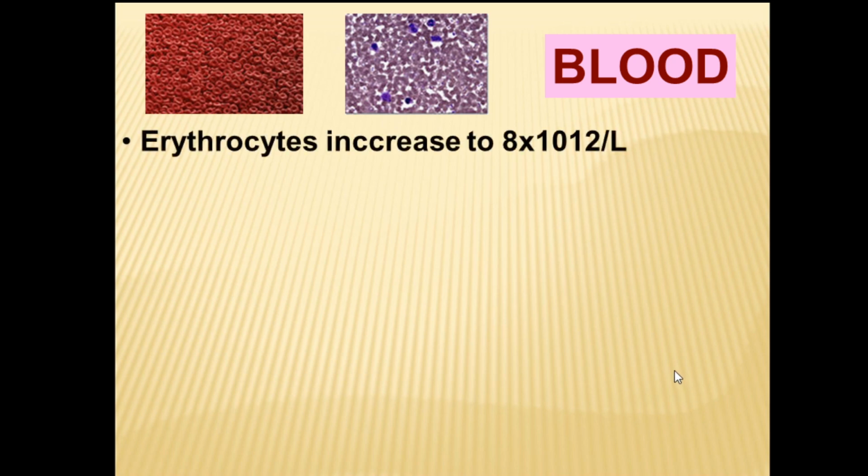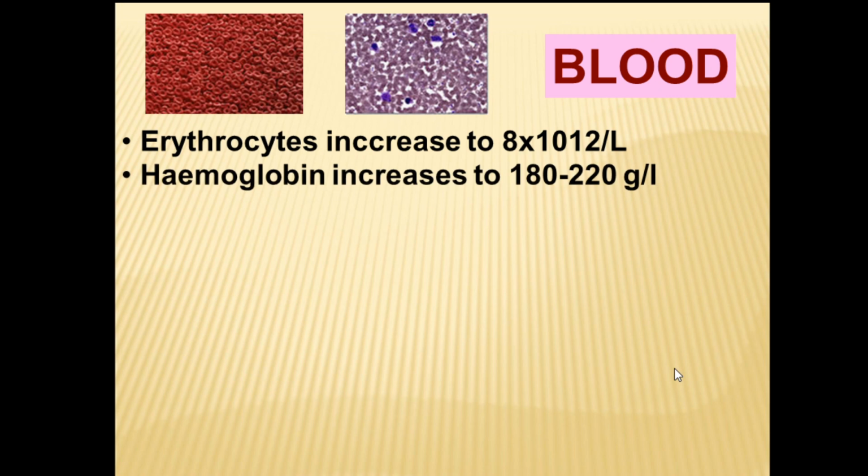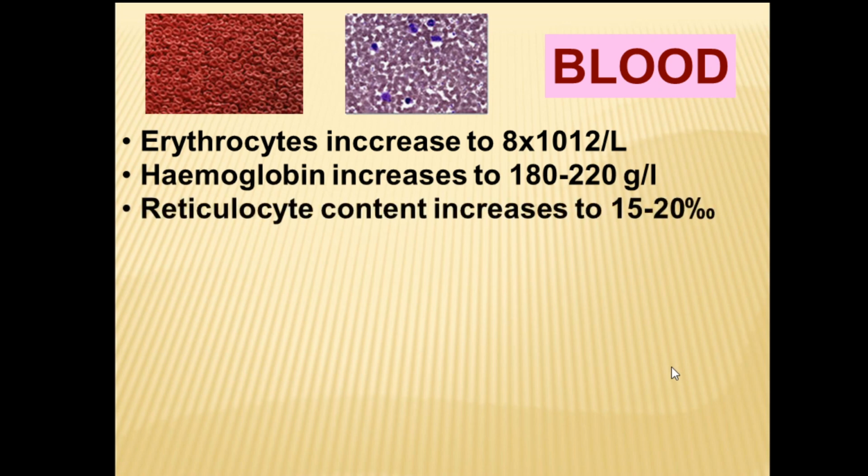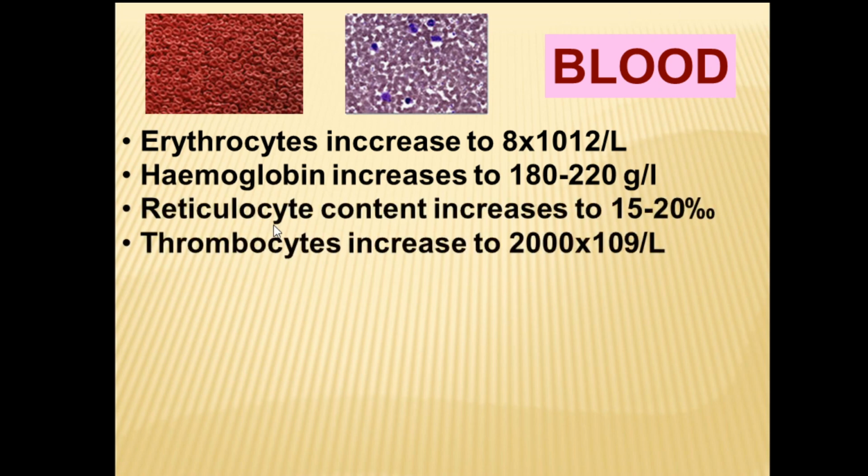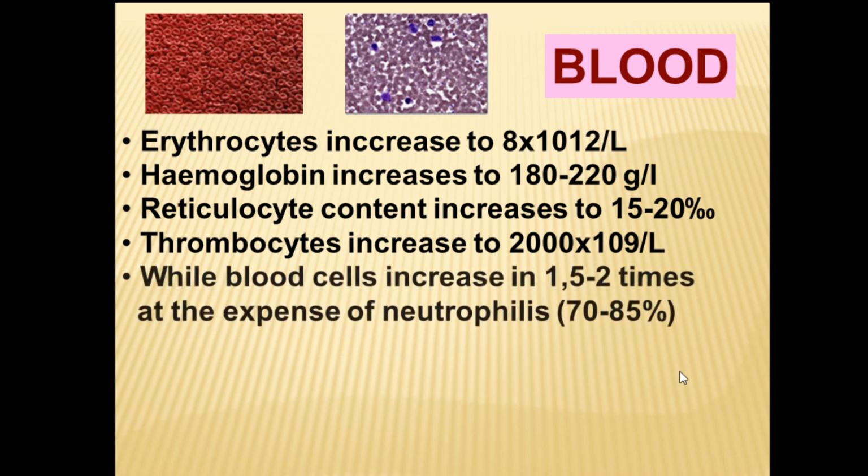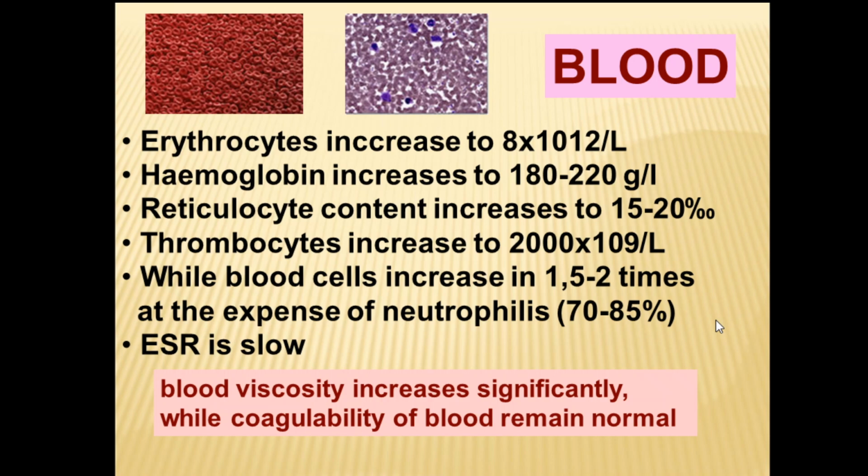You can see pathological blood viscosity due to increased count of red blood cells, hemoglobin, reticulocytes, which show intensification of red bone marrow precursors, increased level of thrombocytes, moderately increased white blood cells, and as a result, slow ESR because of very viscous blood.